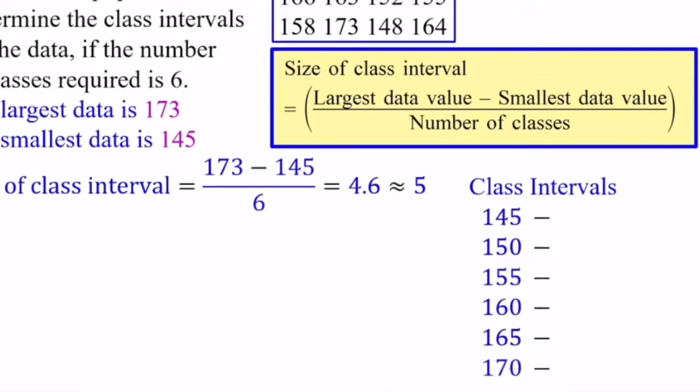All right. Okay, now we put a dash so that we can write the class interval. And then how to find the upper limit? Okay, it's 150.